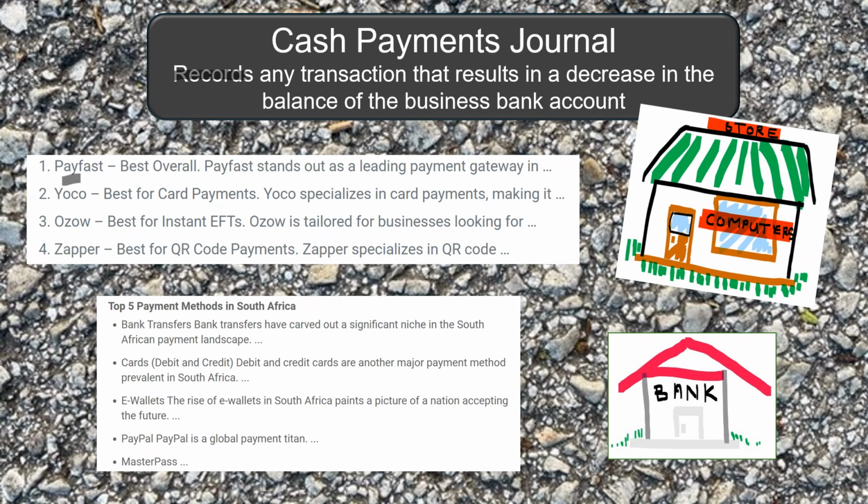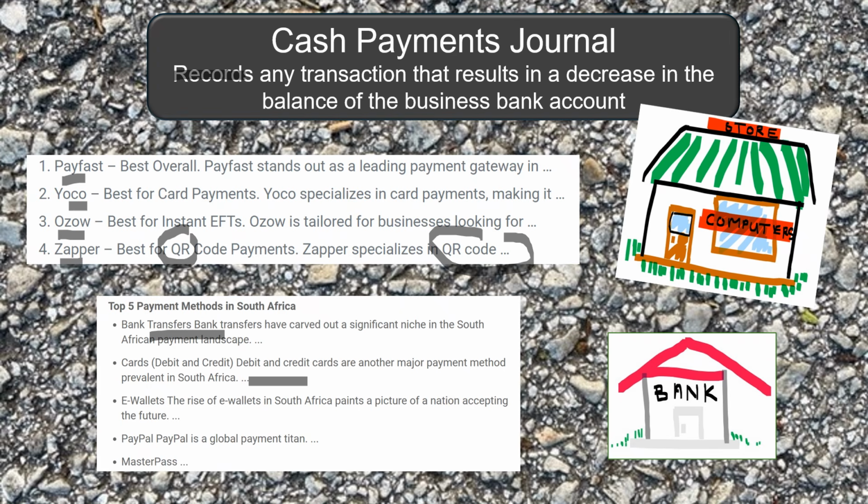There are many ways to make payments. There's PayFast, Yoco, Ozow, Zapper. I use Zapper myself. It's very convenient. You just scan a QR code on the bill, make a payment. But in business, we're going to be dealing with EFTs, electronic fund transfers, where we make payments and money is transferred from our bank account to the supplier's bank account.